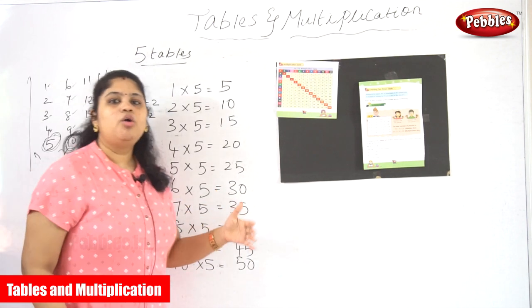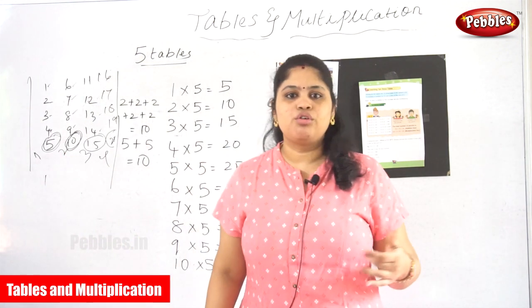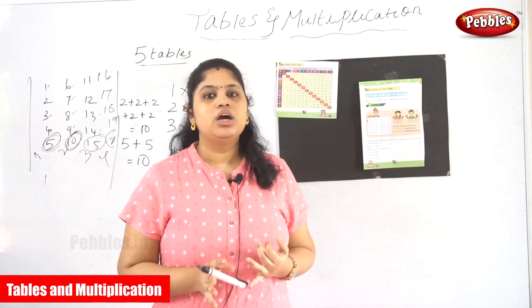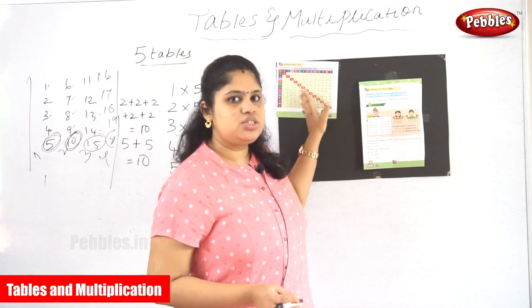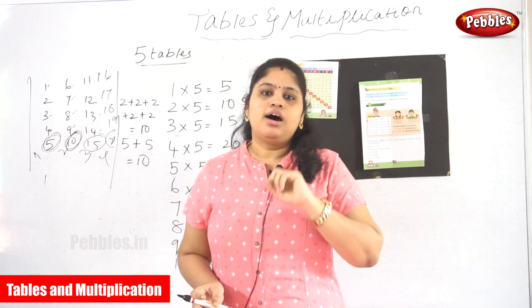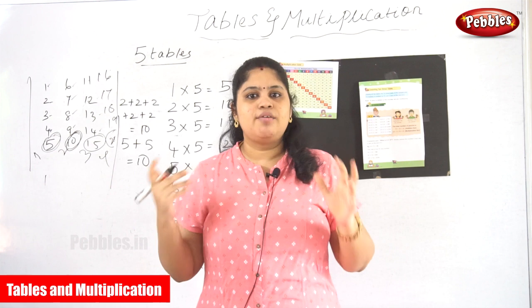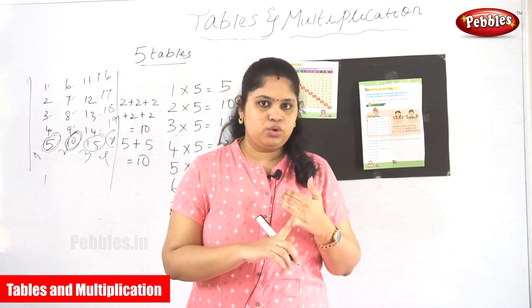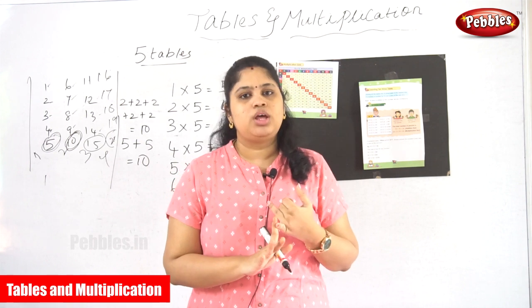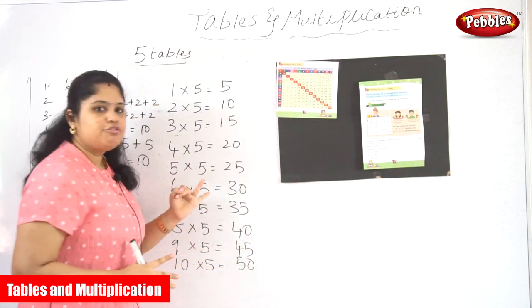Okay, so how many tables have we seen so far? We have seen 2 tables. We have seen the working process, just a grid. And in what order have I taught you? The 2 tables, and after the 2 tables I am taking the 5 tables.